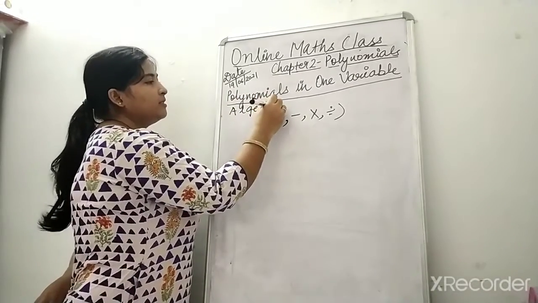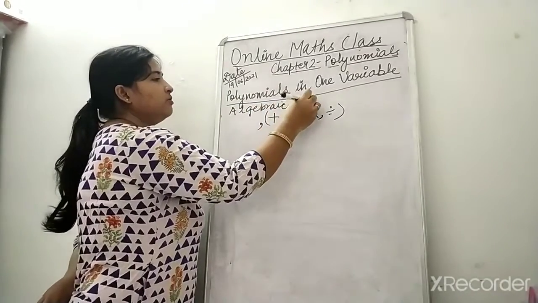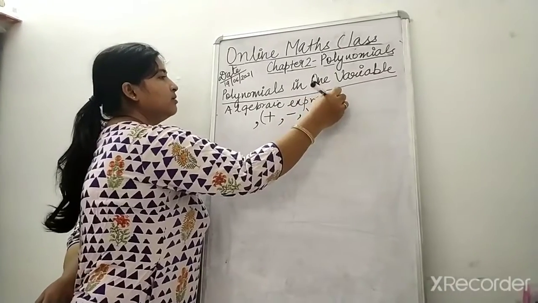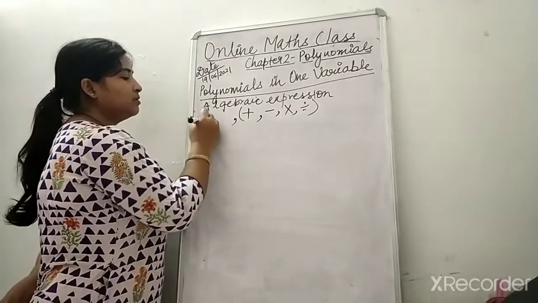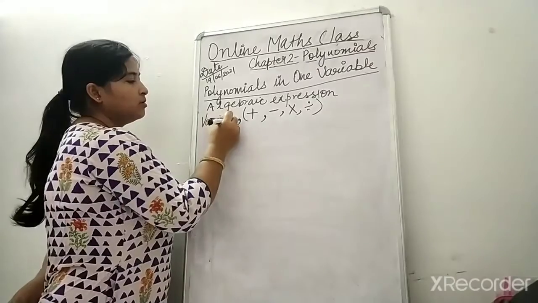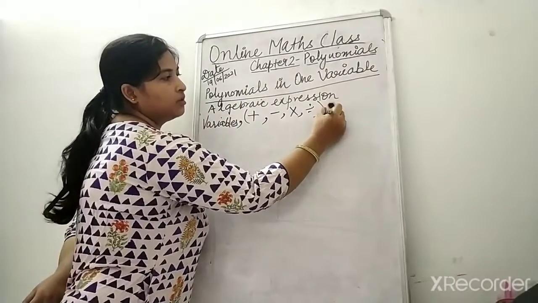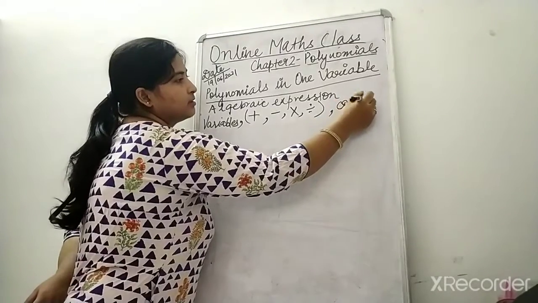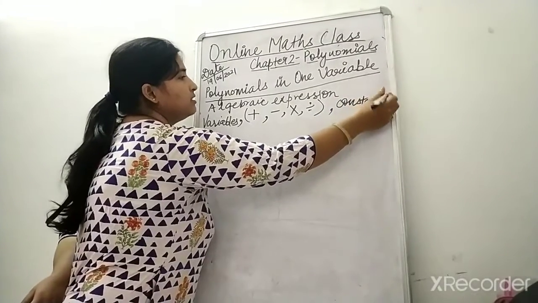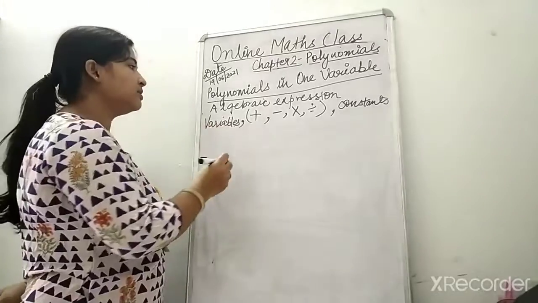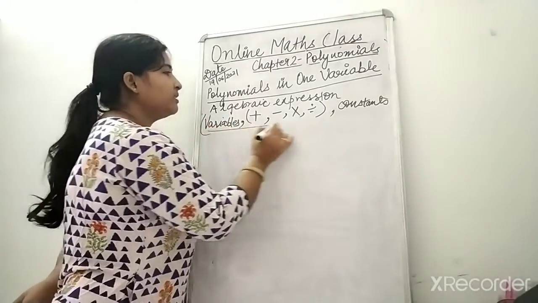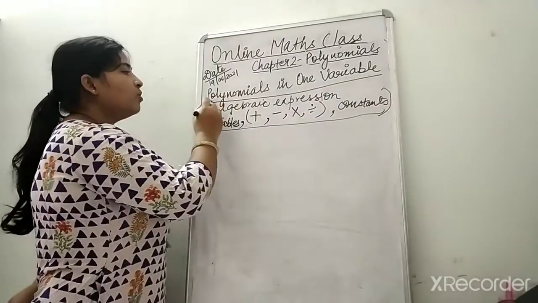What is an algebraic expression? An expression which is having variables, mathematical operations and constants. Then this is an algebraic expression.